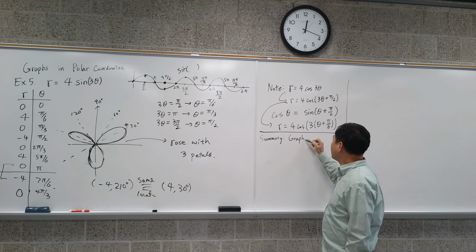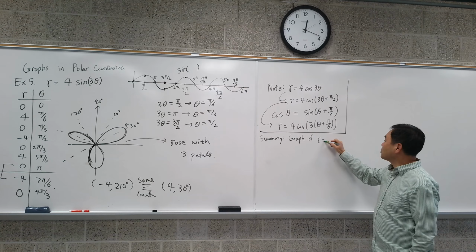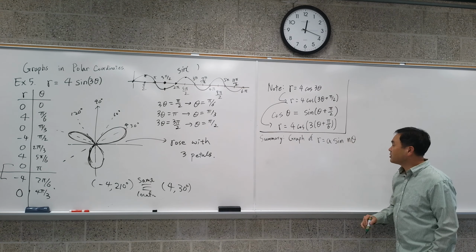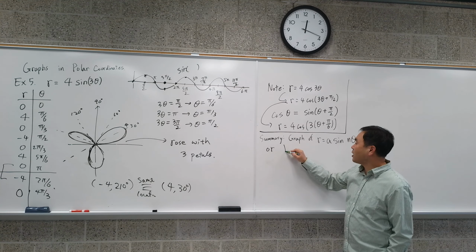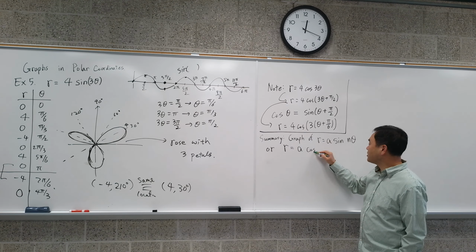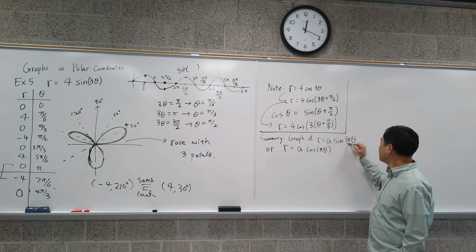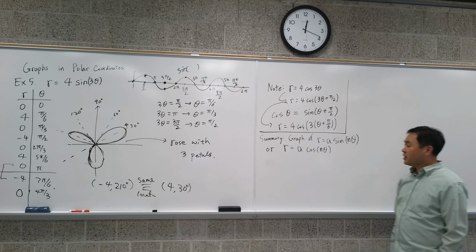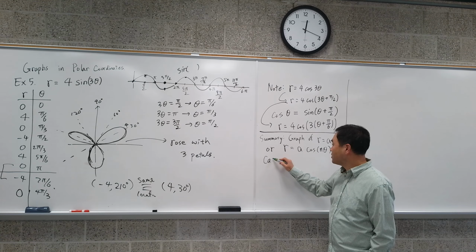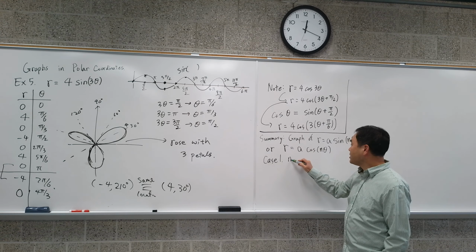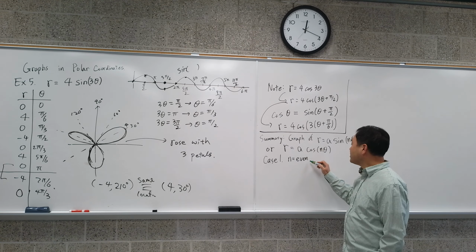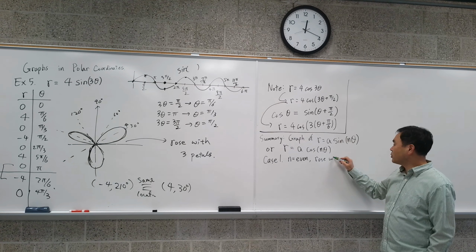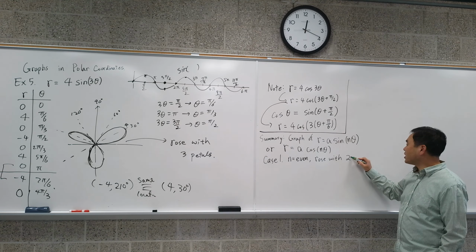Graph of r equals to a times sine n theta, okay? Or r equals to a times cosine n theta. Okay. It doesn't matter sine or cosine. Has two cases. So case one, if n is even, then you get a rose with 2 times n petals.